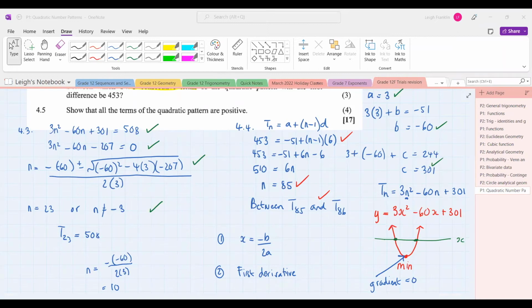Absolutely. Okay, so we're going to sub it into our Tn formula, and work out what Tn is. Because remember, Tn represents our outputs. Okay, good, well done. All right, so that's the next step.